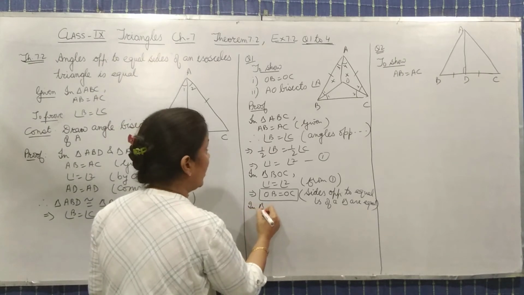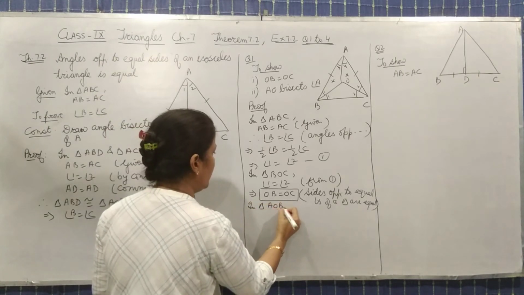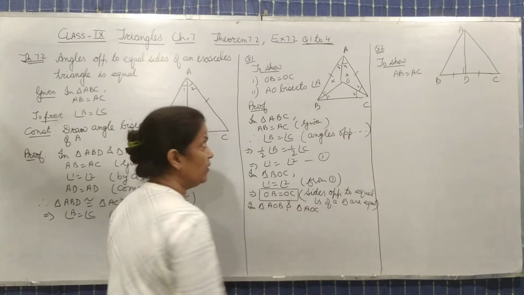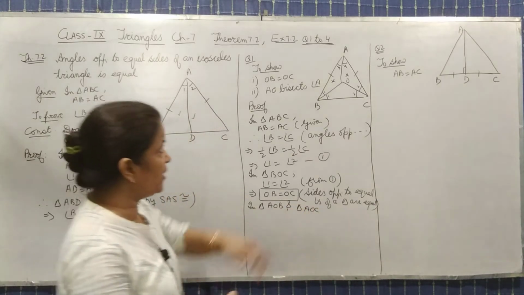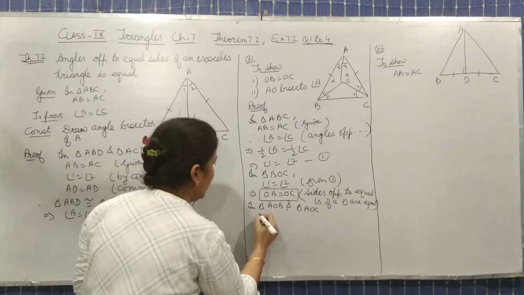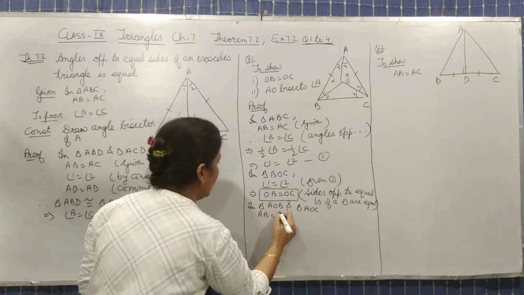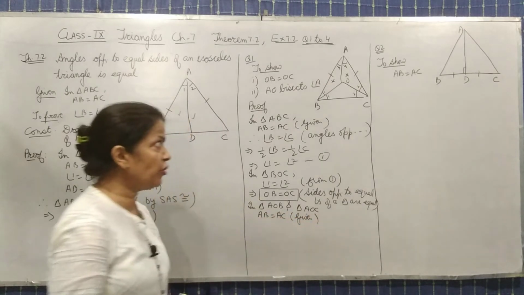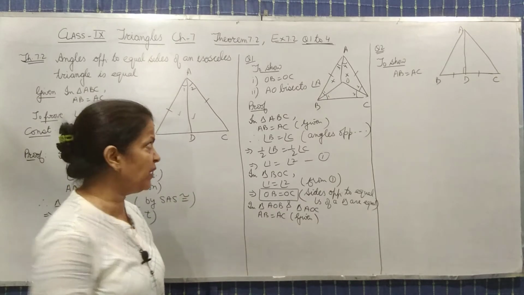In triangle AOB and triangle AOC, you have AB equals AC, given. What should be the next thing which you can take equal?